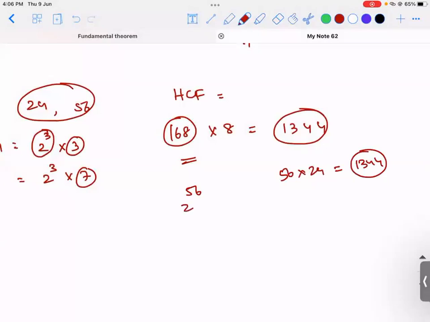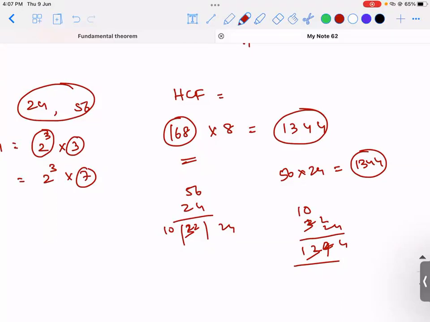So 56 into 24, you have 24, 10, 20 plus this 22. So 1, 0, 2, 2, 2, 4, but I'm getting 1 2 2 4. 20 plus 12, so 20 plus 12 is 32. Sorry, 1344. Yes. Right. So what did we conclude?